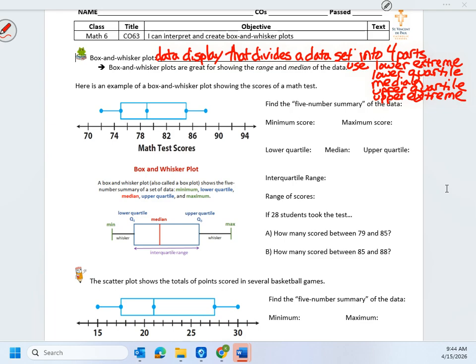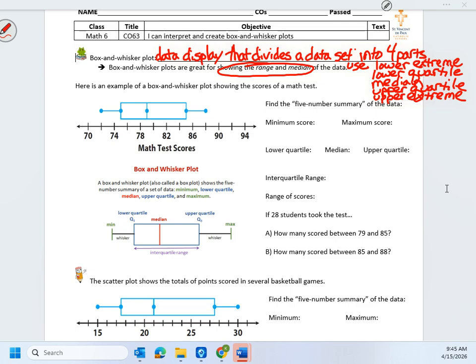Okay, so we need to understand what those vocab words mean so we can break up our data correctly and interpret it. Remember, each of our graphs is used for different reasons. We would use the box and whisker because it shows the range and the median of the data.